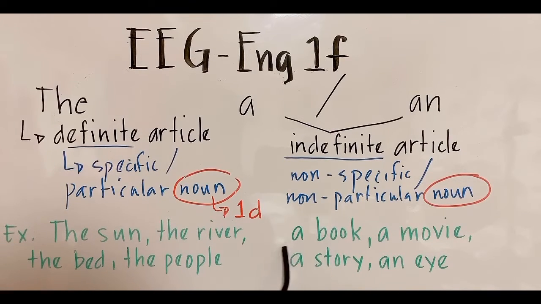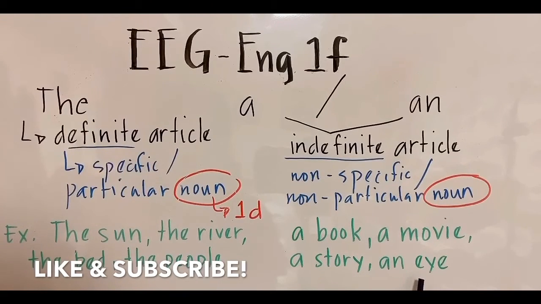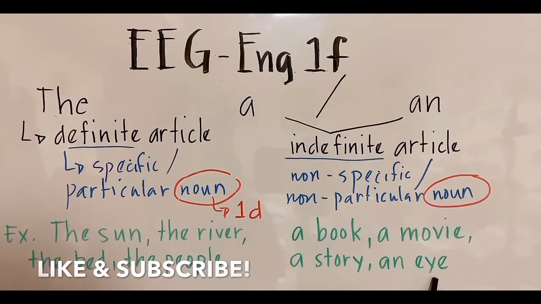Any book, a book. Likewise with a movie, any movie. It's not specific, it's not particular. A story, any story. An eye, so any eye. It can be your eye or anybody's eye.